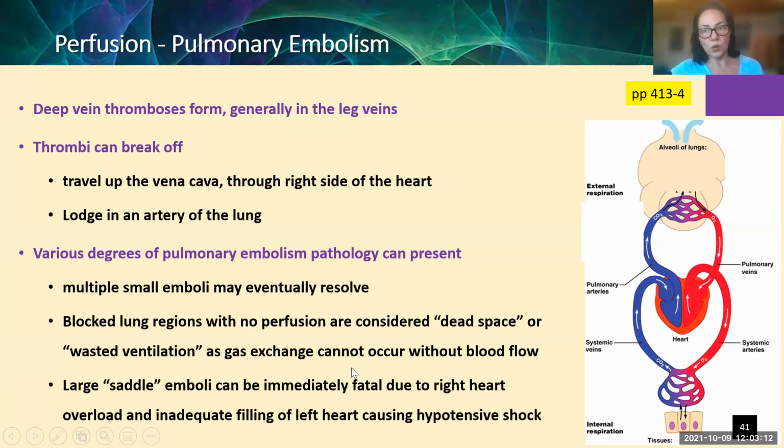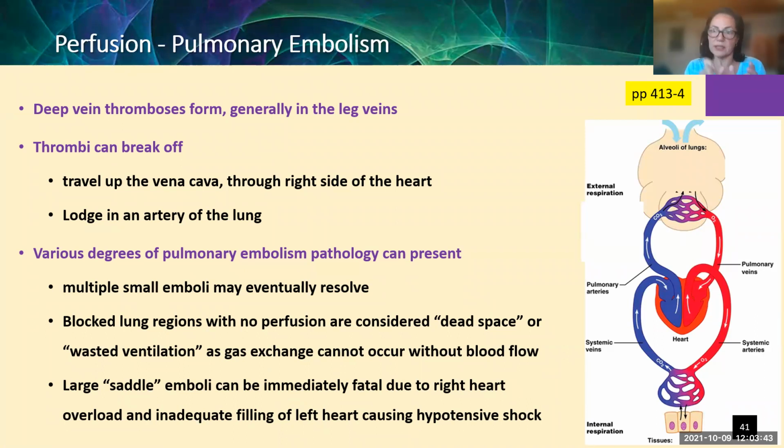And then the absolute worst case, if you have a very large embolus, a so-called saddle embolus. It's called that because when it comes out here from the right ventricle, the pulmonary artery branches, and this clot may be so big that it blocks both sides. There's almost no chance of that patient surviving that, because it can be immediately fatal.